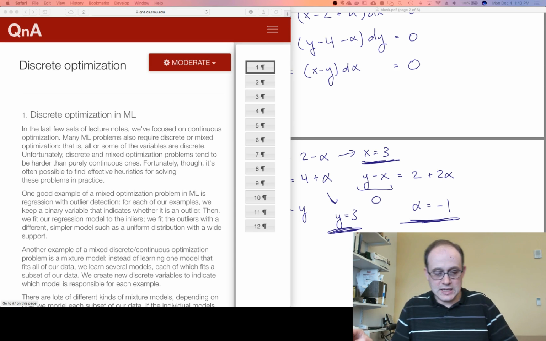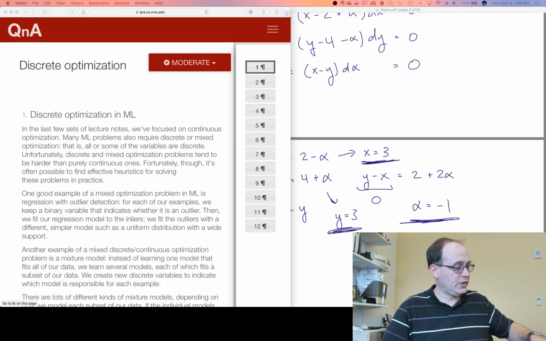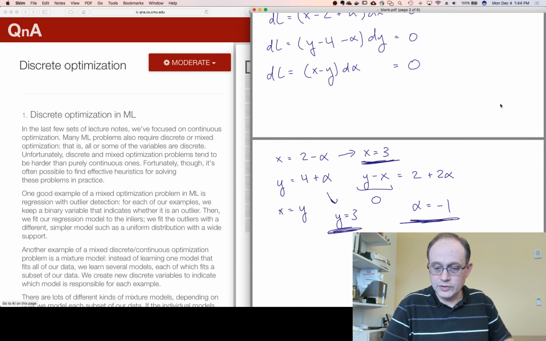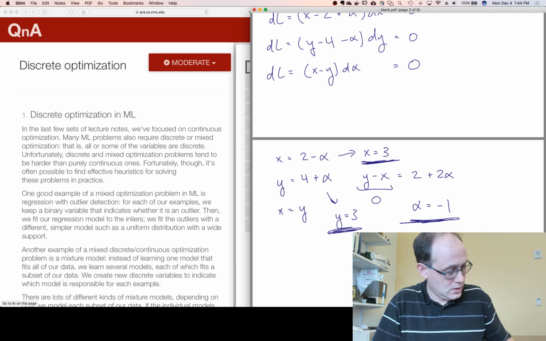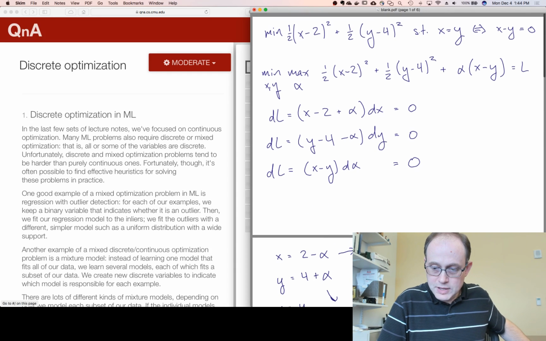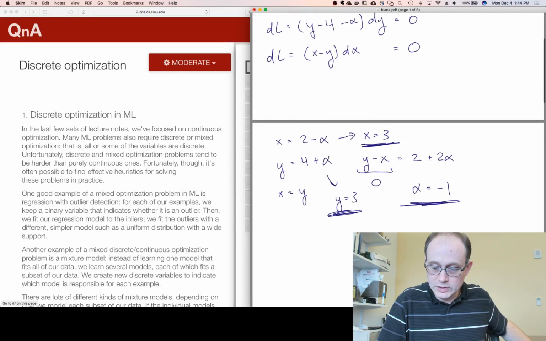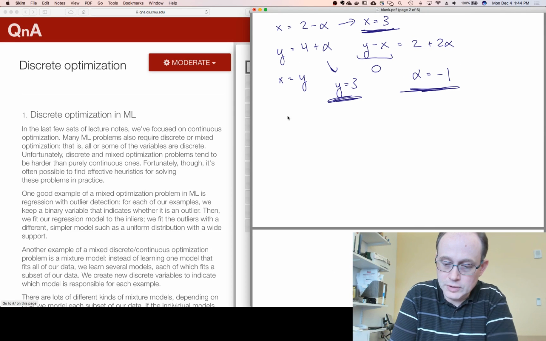Somebody's asking about an alternate way of solving this. Let's write it on a fresh line.